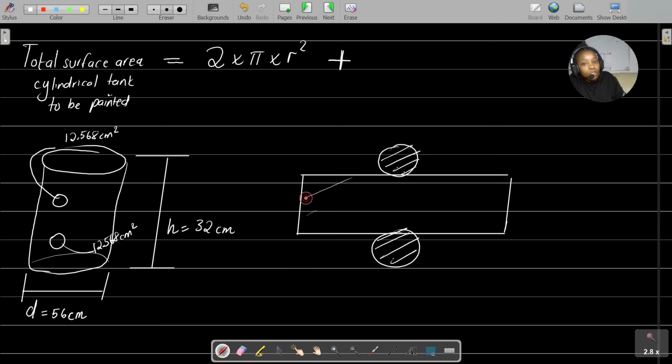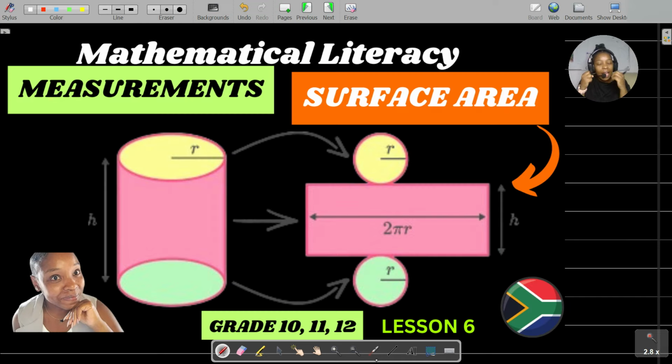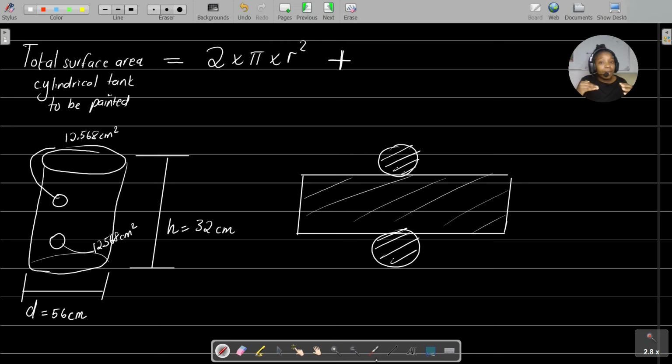Plus, how do we calculate the area of this rectangular part? If you've watched this video tutorial, I've given you an in-depth explanation of how you derive that formula. It's that 2 pi r. That 2 pi r is actually that length there.